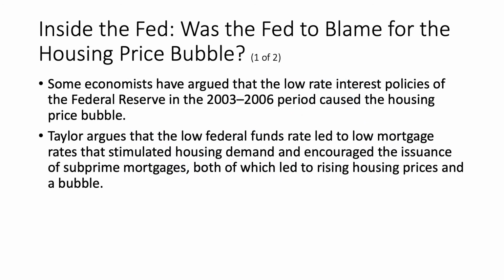Now, some individuals argue that the Federal Reserve was to blame because interest rates had been kept very, very low since 9/11, possibly stimulating overlending and a credit boom in housing, as well as asset price increases in the stock market.